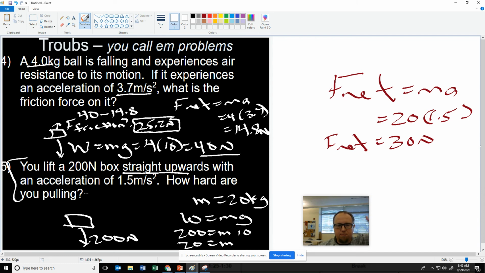I could be wrong, but that means how hard you are pulling, the normal force, sometimes we'll call it a tension if there's a rope involved, but you could also say force applied. I think that one's pretty clean because you applied a force. I don't care how you did it. Force applied is going to be 30 more, so 230 newtons.